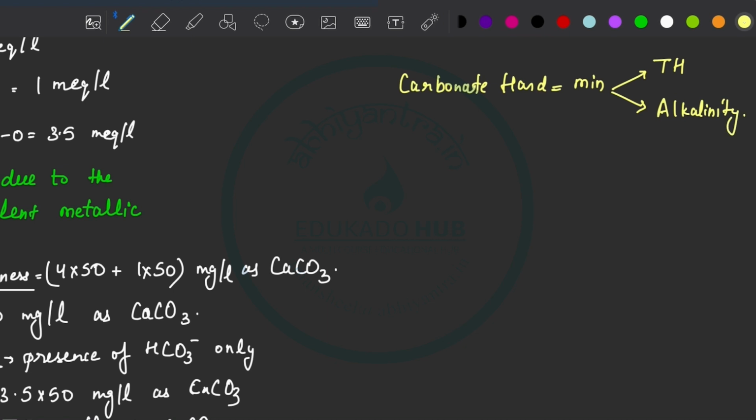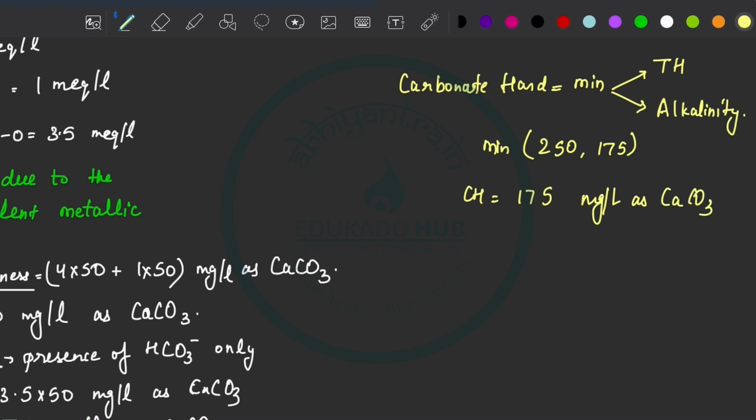Okay, so minimum of 250 and 175, so the carbonate hardness that came here is 175 milligram per liter as CaCO3.